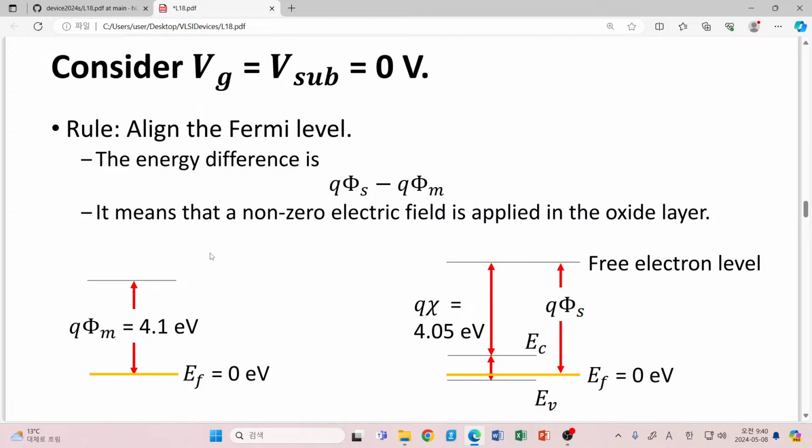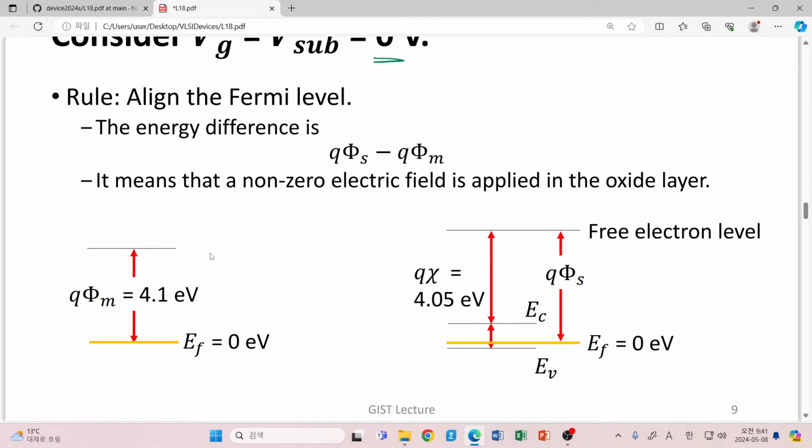So now let's say that both the gate region and substrate region are grounded. Grounded means that we have a certain ground, and the substrate is connected to the ground, and the gate is also connected to ground. So they all share the same Fermi level.